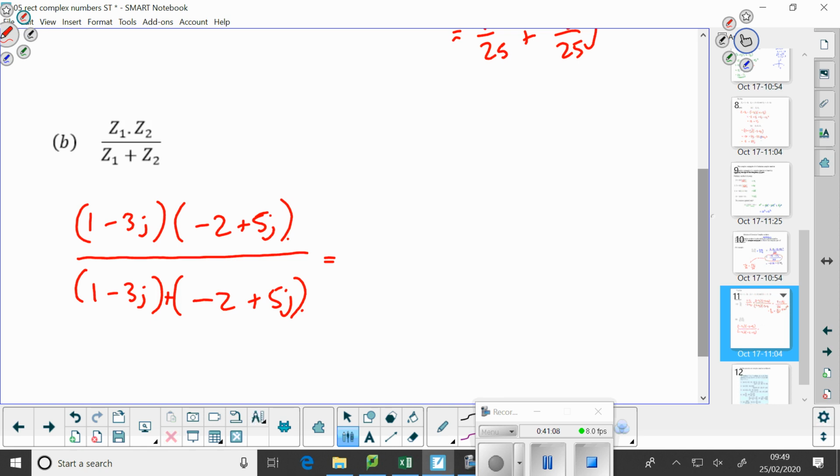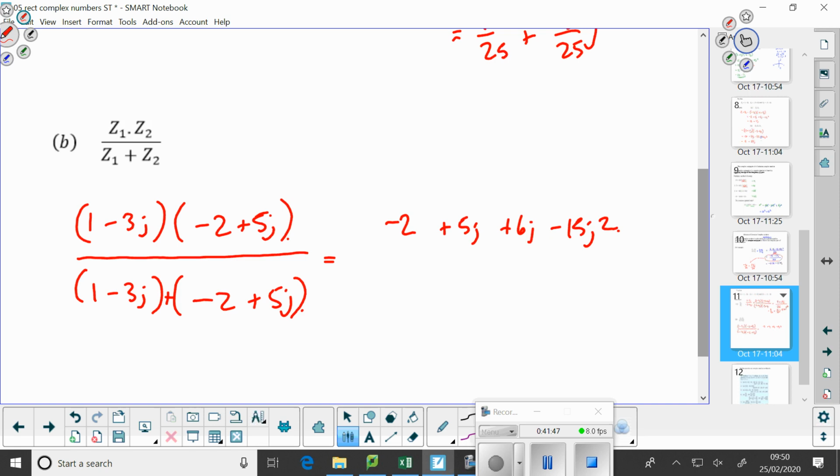It's not 13 minus 1. 1 times minus 2 is minus 2, 1 times 5 is plus 5j, minus 3 times minus 2 is plus 6j, and minus 3 times plus 5 is minus 15j squared.